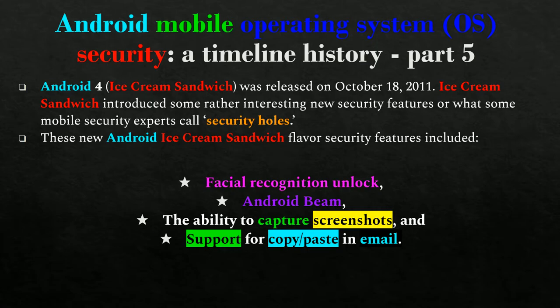Well, with the introduction of Android 4, it further filled in some of the patches that the previous versions of Android didn't contain. It introduced stuff like facial recognition, which to this day Android still struggles to make truly secure, compared to something like Apple's Face ID, which uses a true 3D scan, depth sensing, and stuff like that.